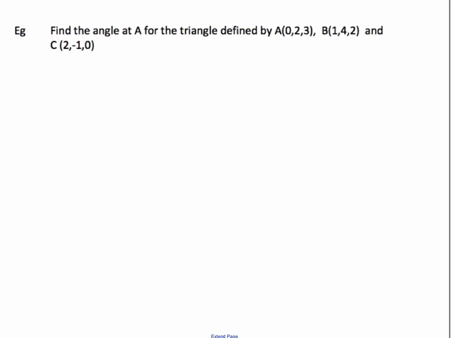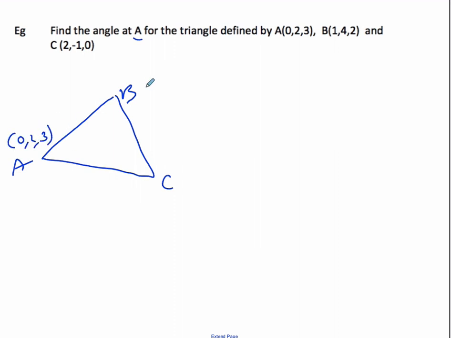And in the next example, find the angle A for this triangle here, and this is similar to the example we saw before. Okay, so let's draw a sketch. A, B, C: (0, 2, 3), (1, 4, 2), and (2, -1, 0), and we need to find AB and AC.